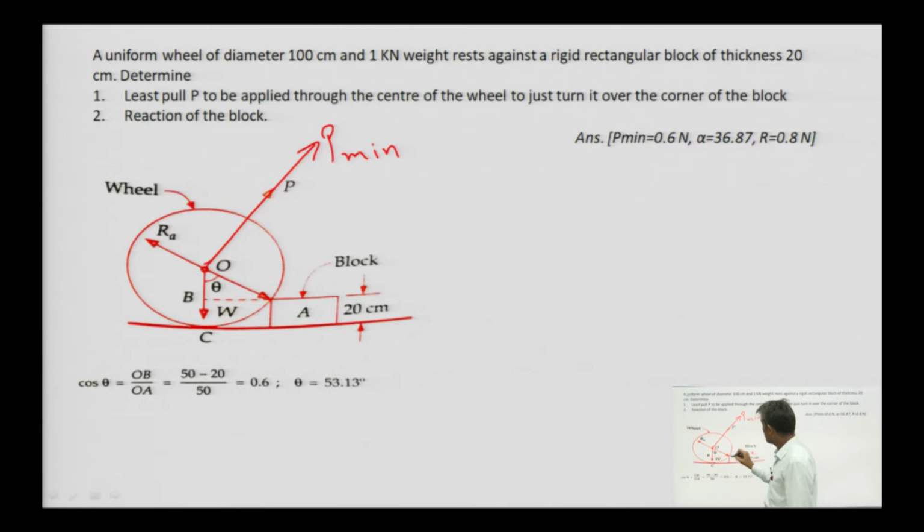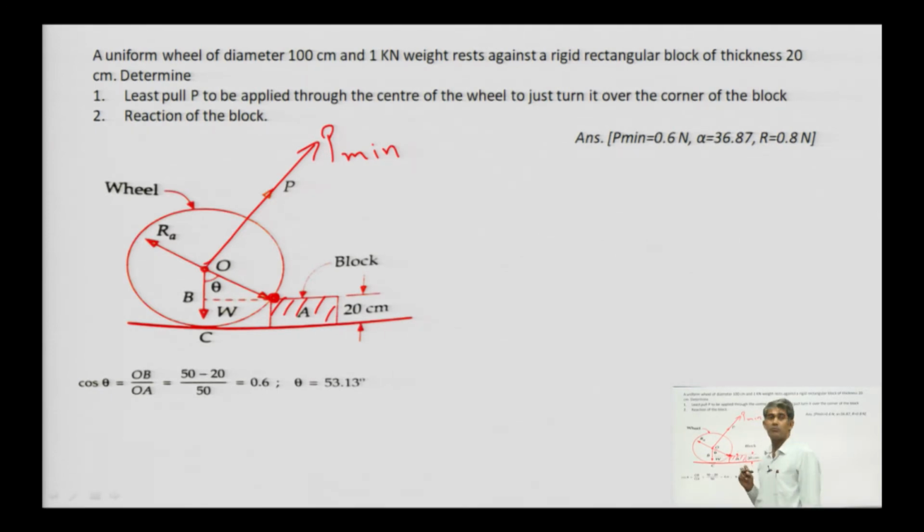This is a wheel, and this is a block of height 20 centimeter. This wheel is being pulled up by a force, and in this process the wheel will turn at this contact point.